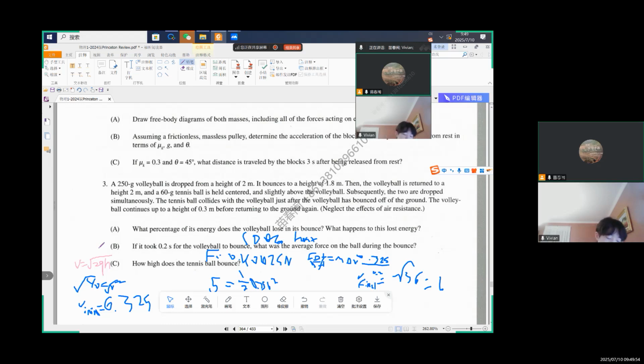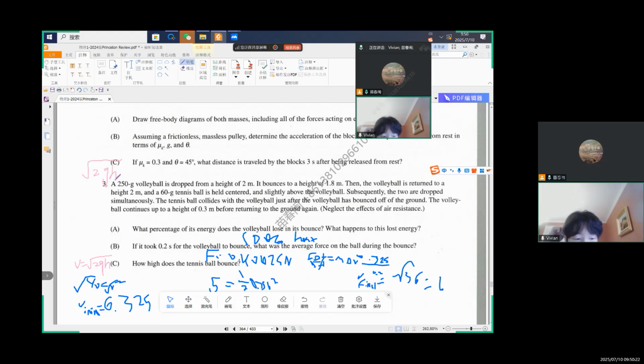So let's still use 2gh. This time h is 1.8, right?